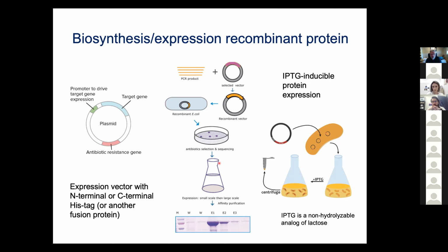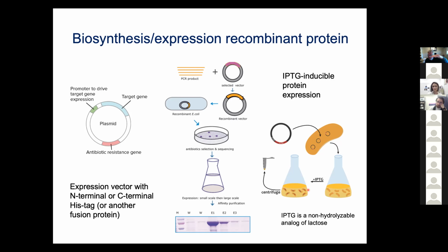One other trick that we all use is that we make the gene inducible, so it's not expressed all the time. What you do is you insert your plasmid into E. coli, then you grow your cells up to a certain density, and then you say, okay, now I want to stop growing because I now have enough cells to make my protein, and now we add the inducer.